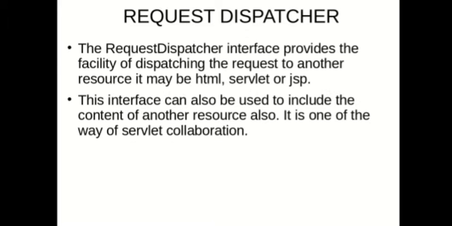So what is the responsibility of this request dispatcher? It transfers one file's data to another, and you can use the forward method or the include method for communicating with another file.